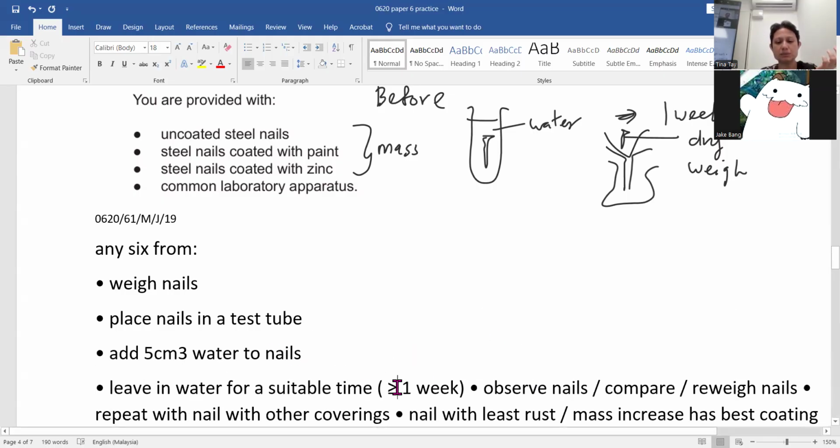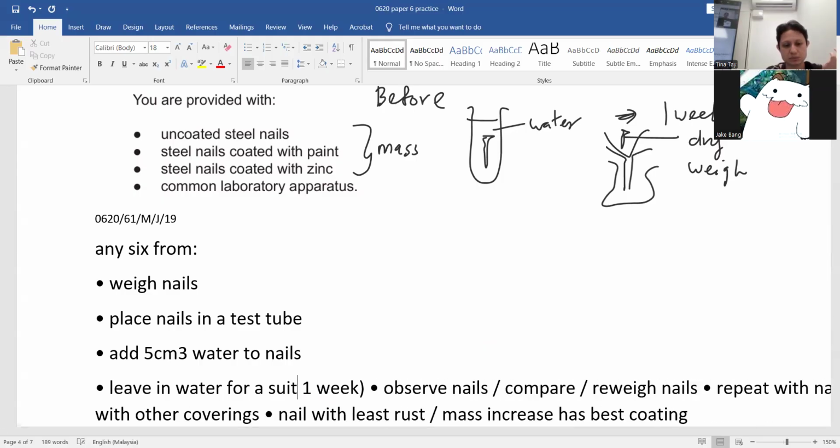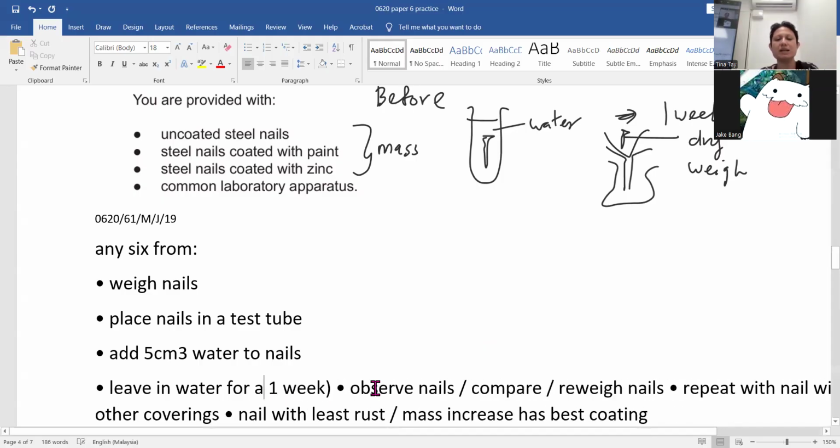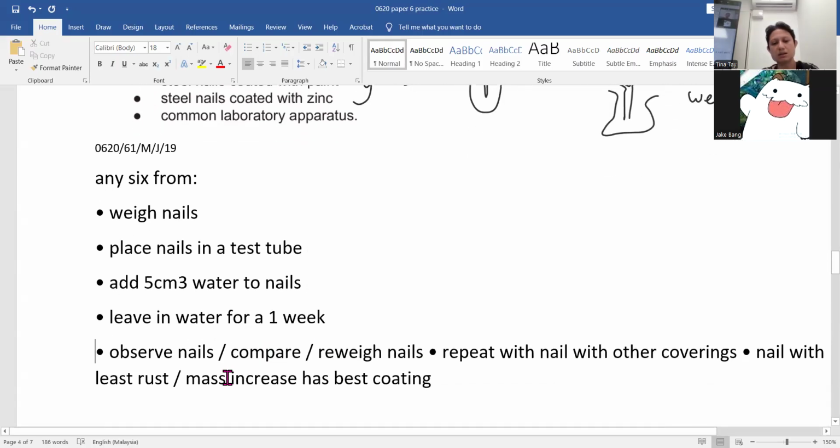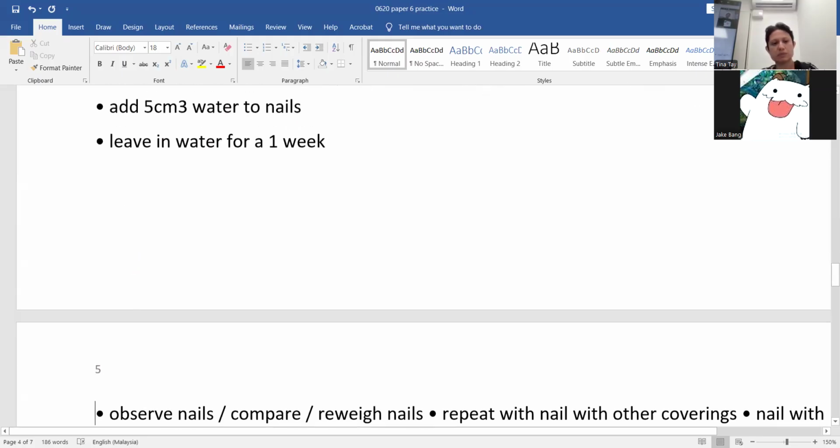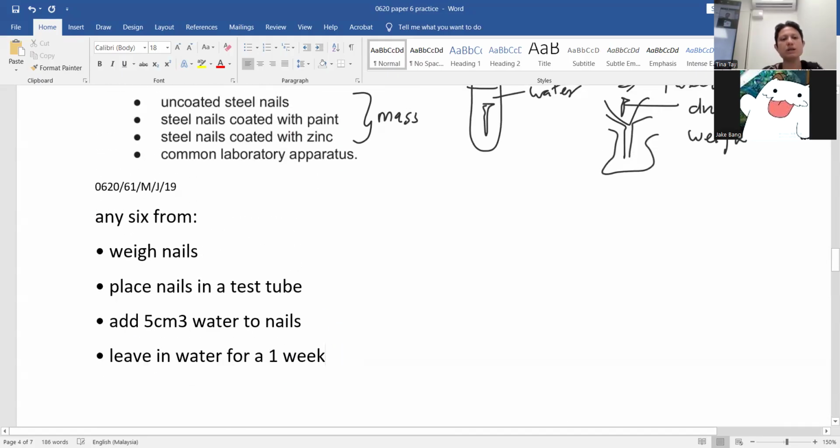One week. In the exam, don't write leave for a suitable amount of time. And then, what do you do after?